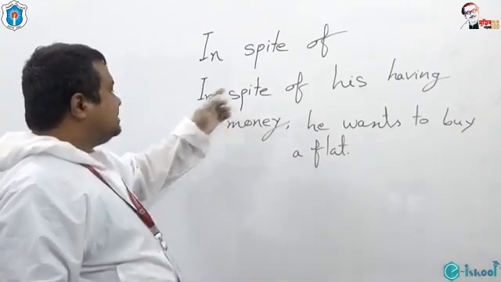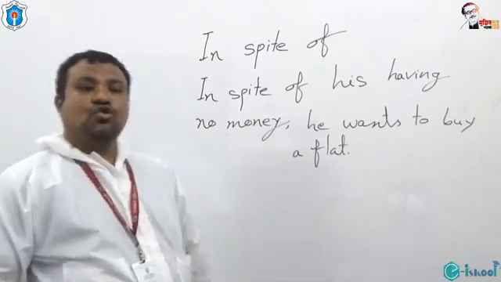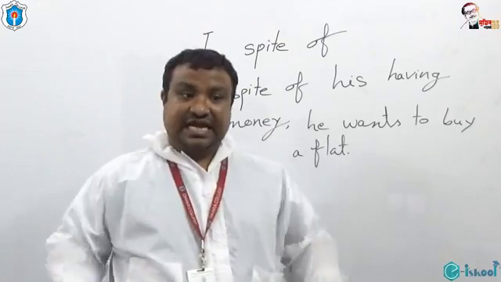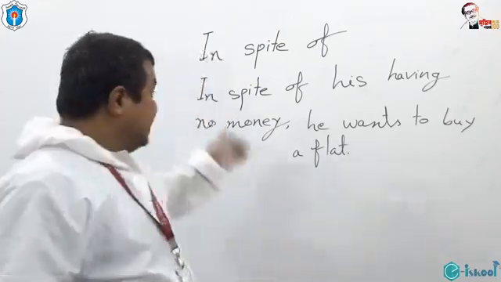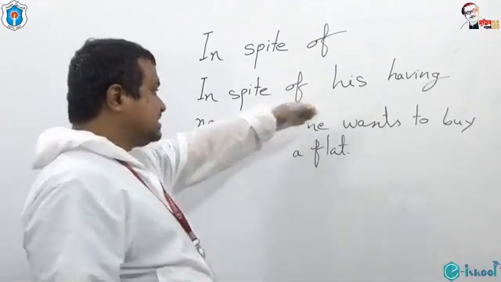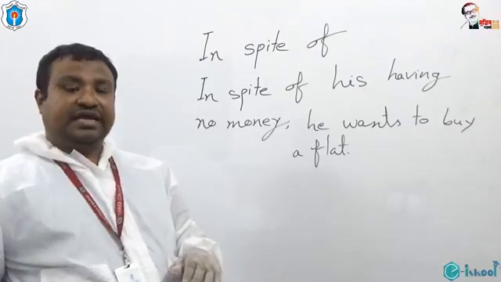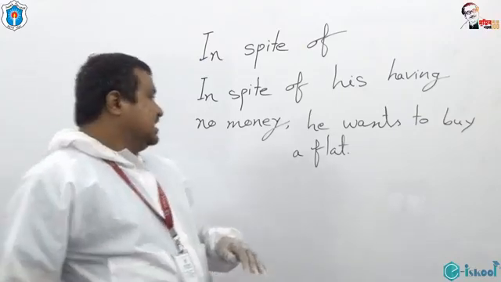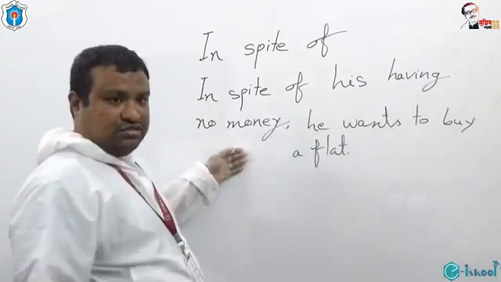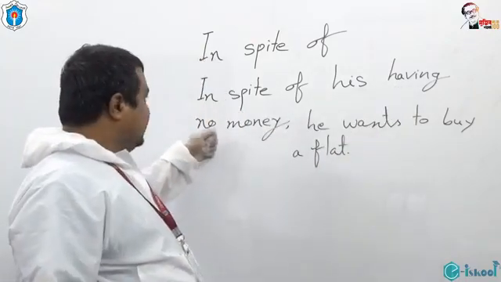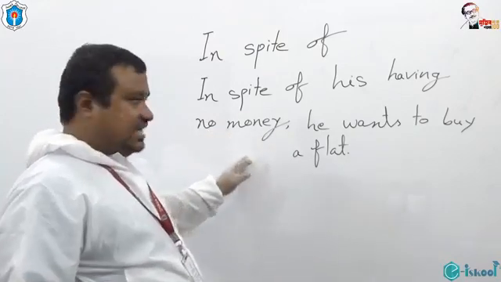In spite of his having no money, he wants to buy a flat. তার কোনো টাকা পয়সা না থাকা সত্ত্বেও সে ফ্ল্যাট কিনতে চায়। Here we are using the structure which we have used in case of being, that is main verb plus ing and then the other portion. So in spite of his having no money, he wants to buy a flat.